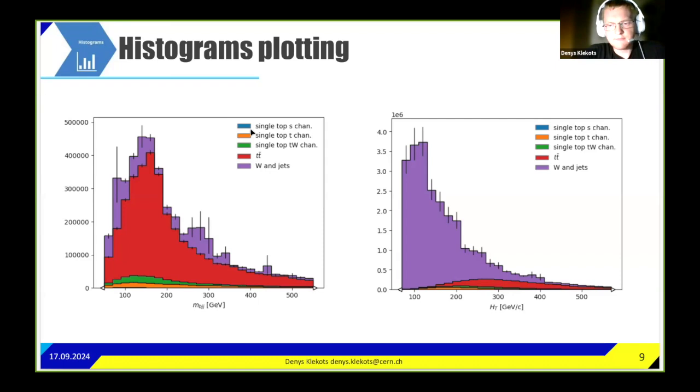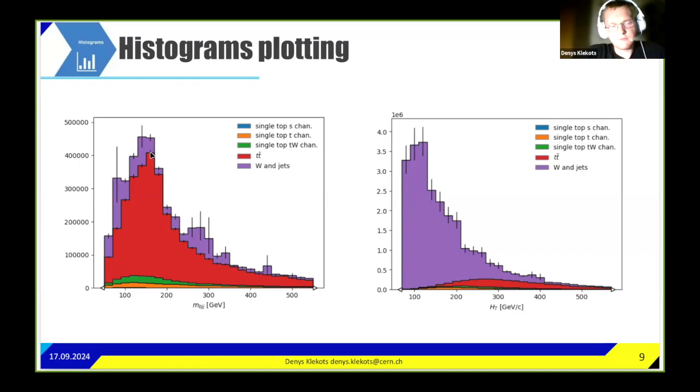As I mentioned, we use Monte Carlo data, so we know how this data was generated and what physical process was involved in the creation of that top quark. Here we even show the distribution by physical process with different colors.